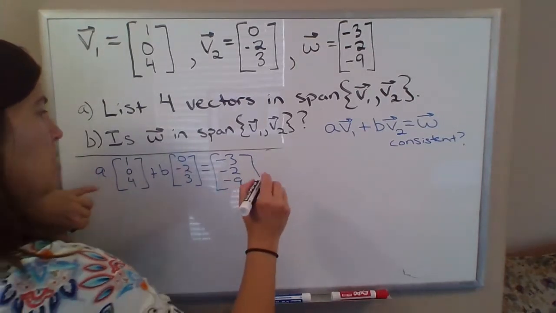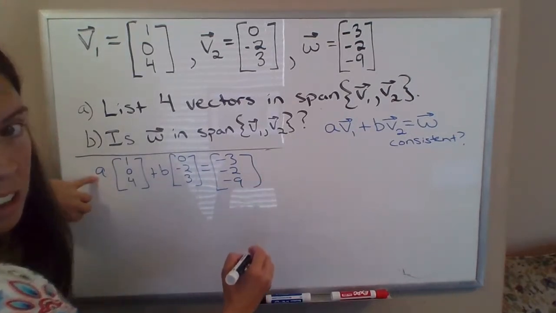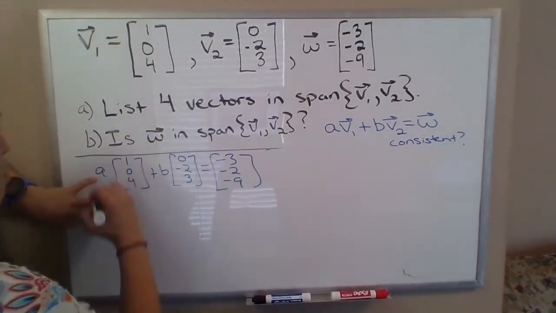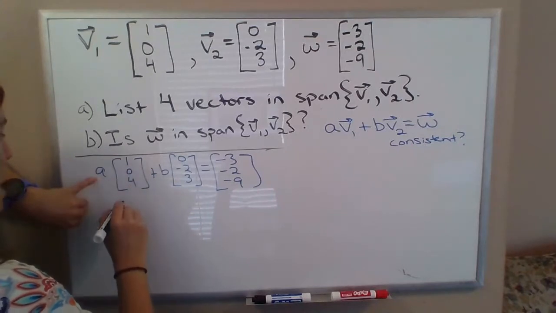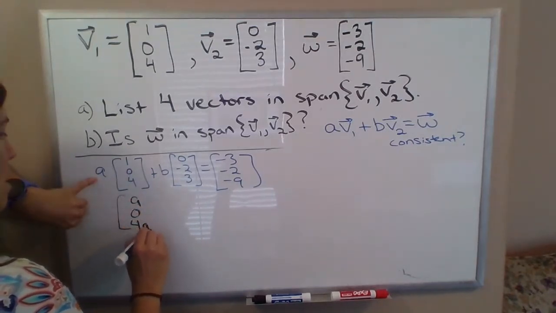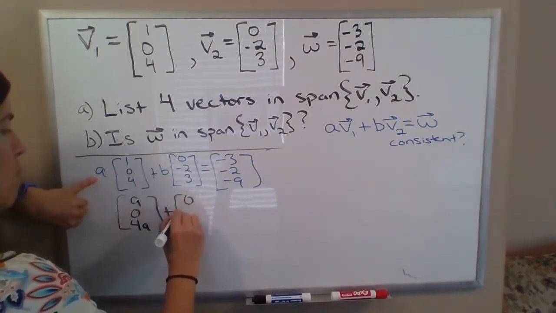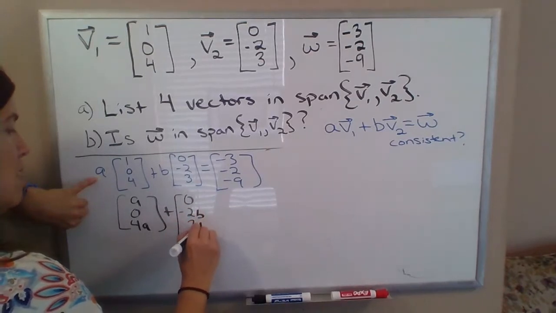Let me show you that whole process. So you take this vector equation. We multiply each entry here times a. So this is equivalent to a, 0, 4a, plus each entry here times b. So that's equivalent to 0, negative 2b, 3b.